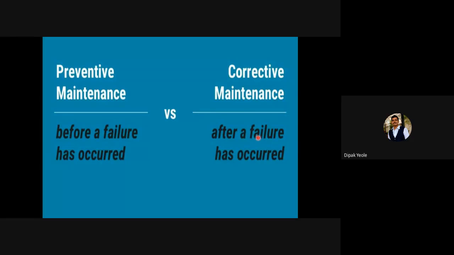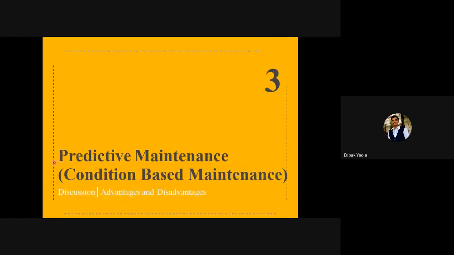Yes. We are interested in the third. Now we have to predict the maintenance. One can say that first we have seen the preventive, second we have seen the corrective, and now we have to predict the fault, and according to that fault we have to do the maintenance. So that is called predictive maintenance.